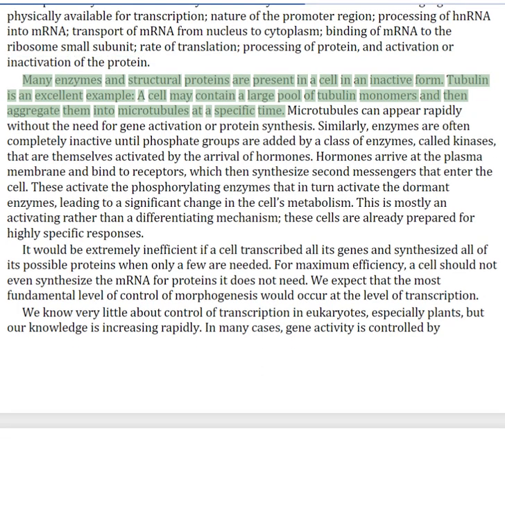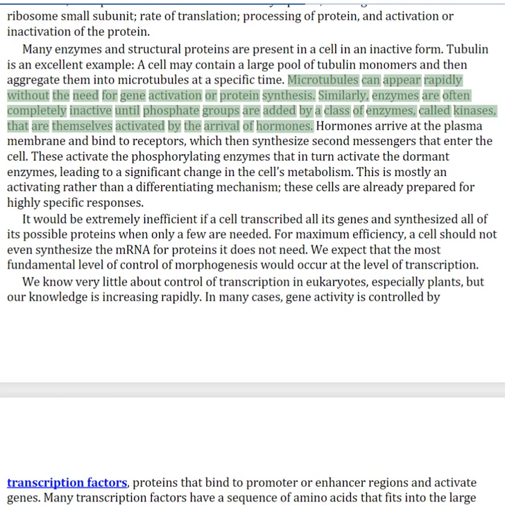Many enzymes and structural proteins are present in a cell in an inactive form. Tubulin is an excellent example. A cell may contain a large pool of tubulin monomers and then aggregate them into microtubules at a specific time. Microtubules can appear rapidly without the need for gene activation or protein synthesis.